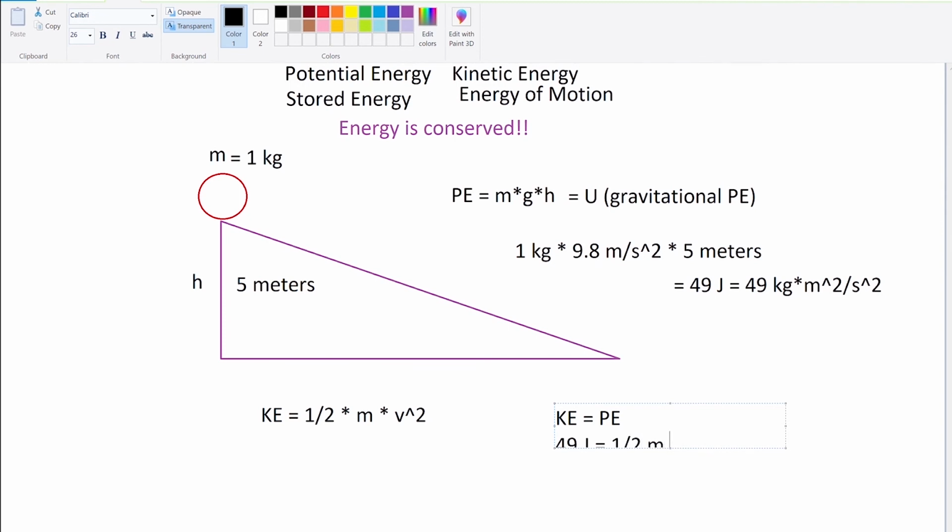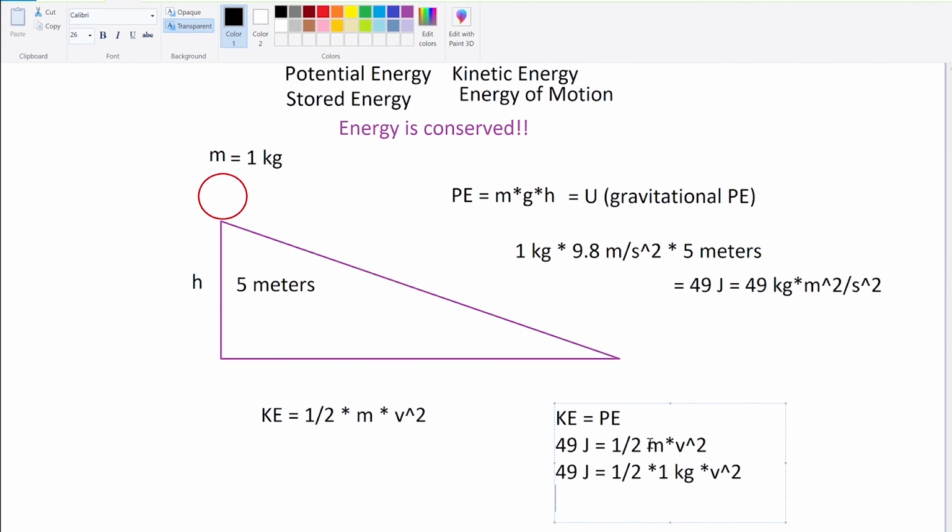So that means 49 joules equals 1/2 mass times velocity squared. Since you know the mass is 1 kilogram, you can do a little bit more calculations here. 49 divided by 1/2 is 98.